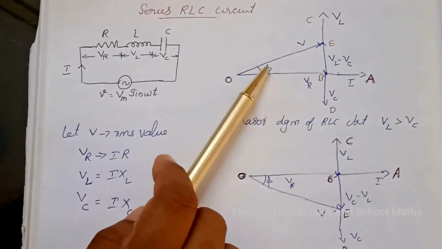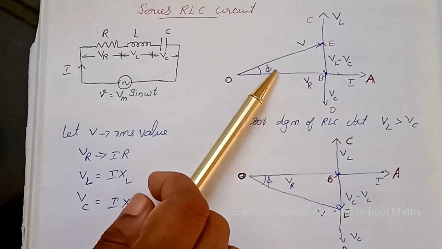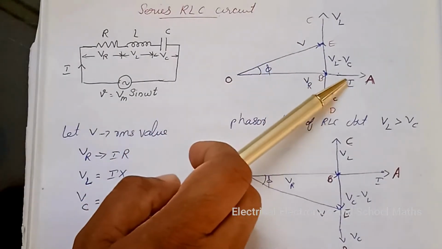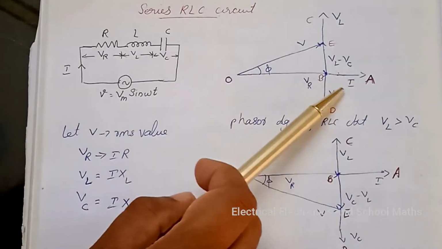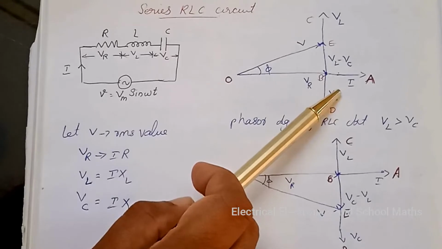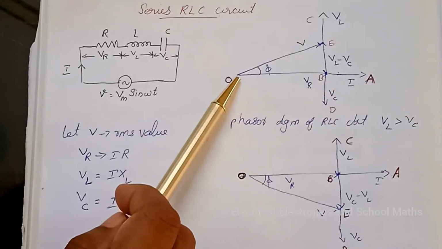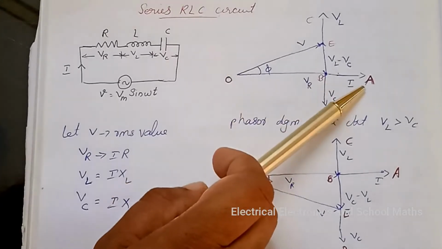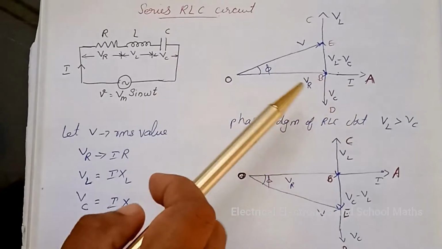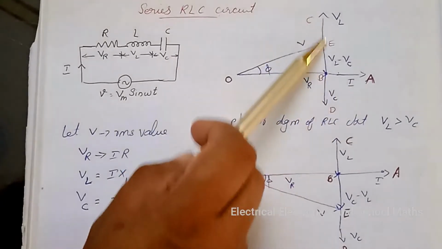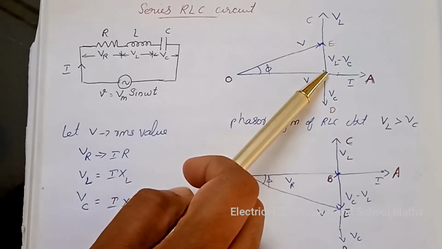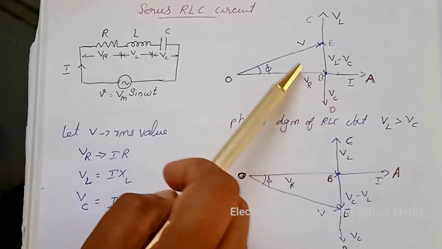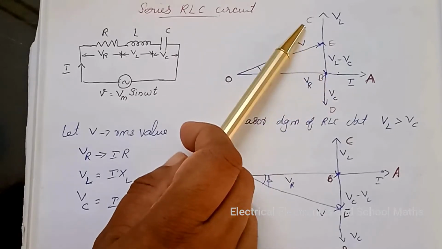This is the phasor diagram of the circuit. Taking the RMS value of current as the reference vector, that is, it is represented by the vector OA. The voltage VL leads the current by 90 degree, that is BC.